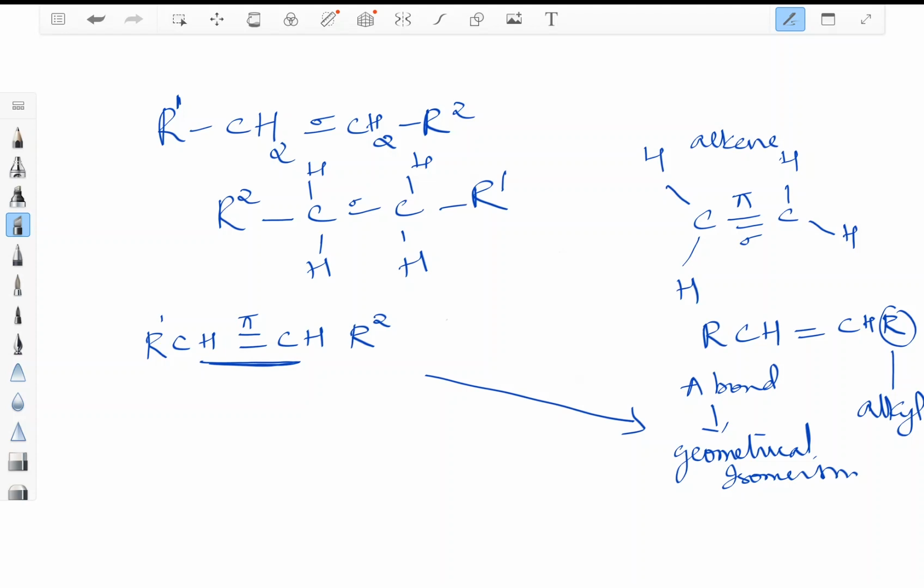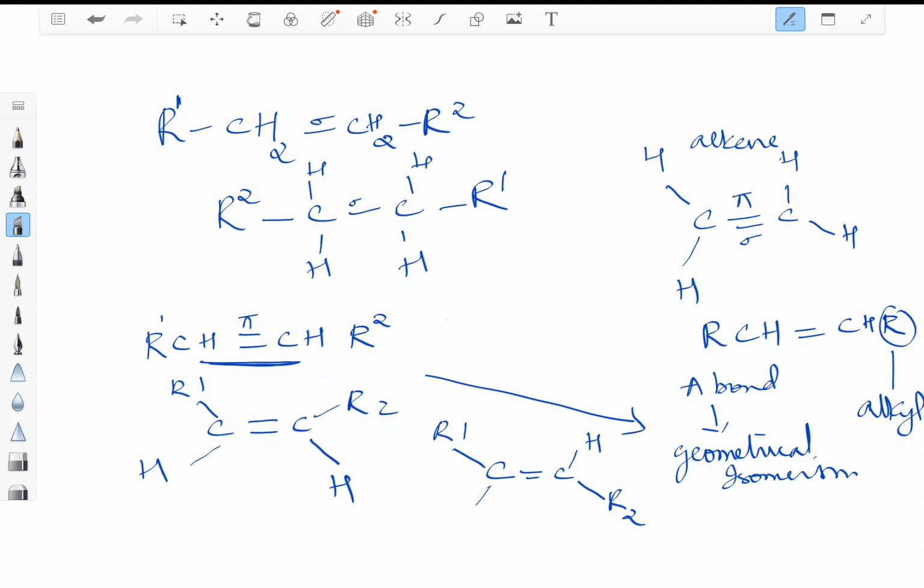The example is very simple. Carbon has these two bonds here, which one is pi and sigma. Here you will have R2, R1, hydrogen, hydrogen. The other scenario is carbon having a double bond with carbon, R1 and R2, hydrogen, hydrogen.